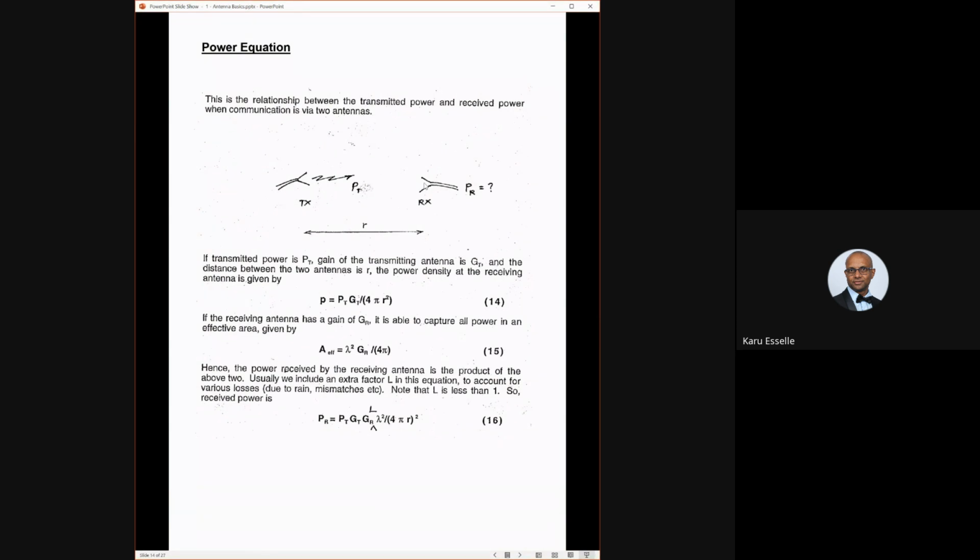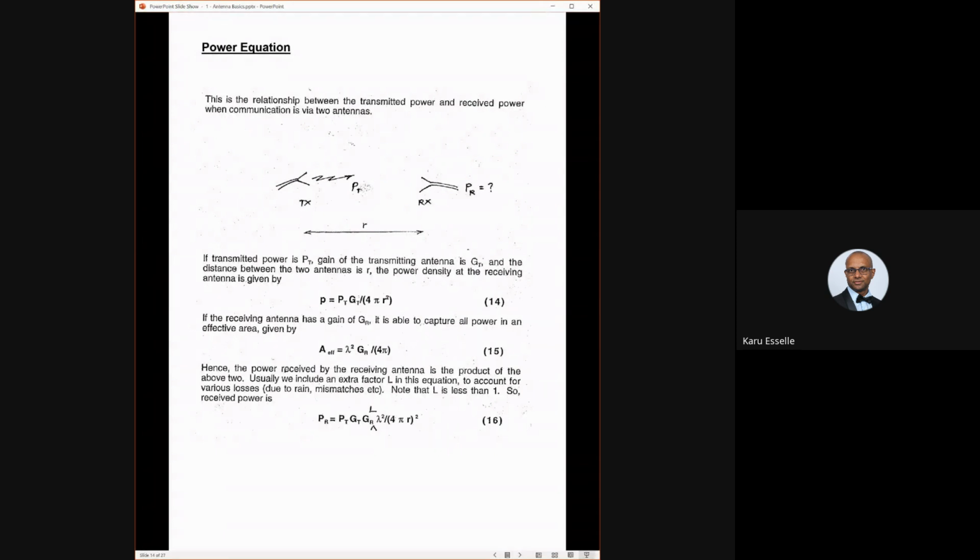So at the receive antenna, power density, measured in watts per meter squared, is PT divided by the area of this big sphere with the radius R. The area of a sphere with radius R is 4 pi R squared. So power density at the receiver is PT divided by 4 pi R squared. That is the case if you have an isotropic radiator.